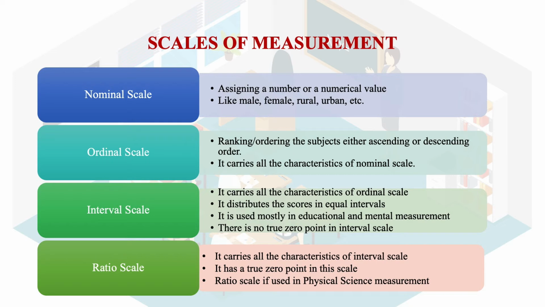So, that is why all types of measurement that we do in physical sciences, in physics, in mathematics, in chemistry, we use ratio scale. So, friends, these are the 4 levels or 4 types of scales that we use in education, that we use in measurement. As a learner of education, you should understand all these 4 levels of measurement.